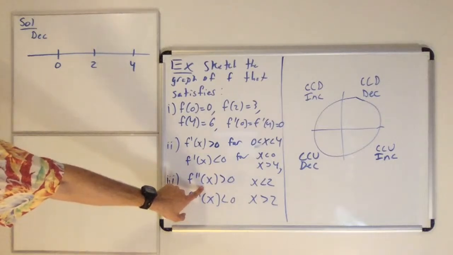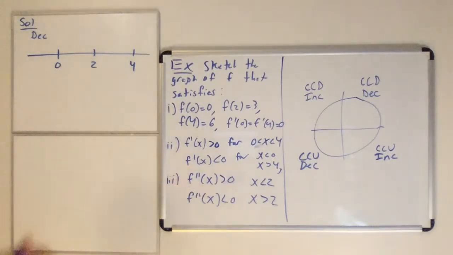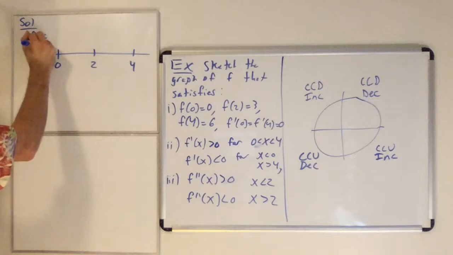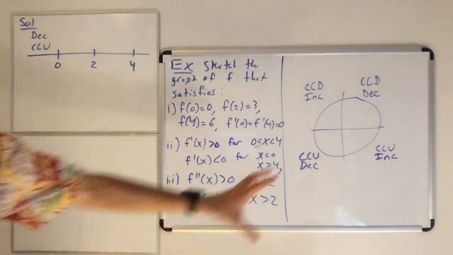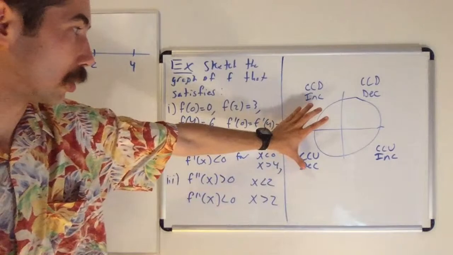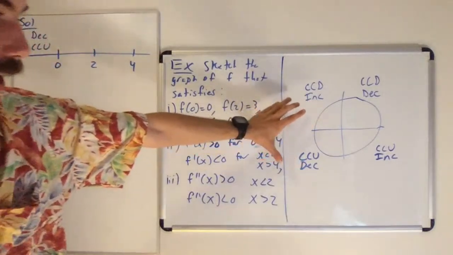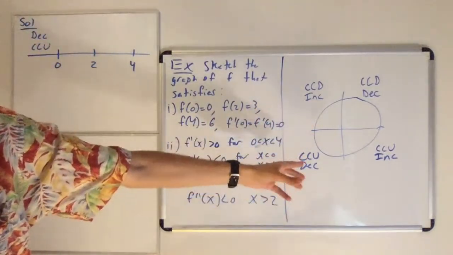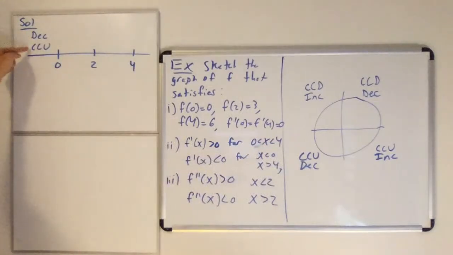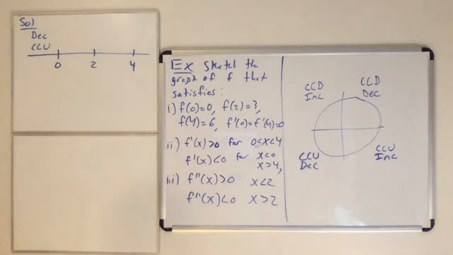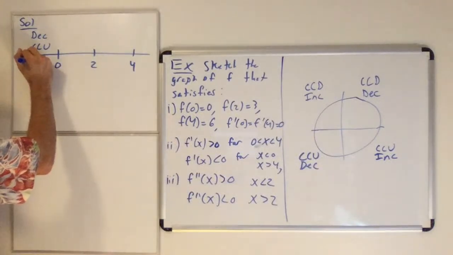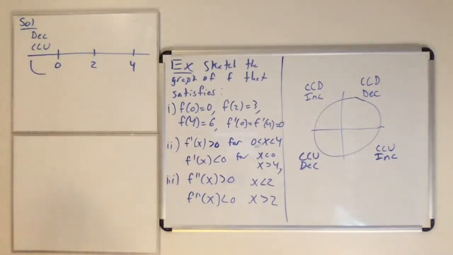So our second derivative is positive, which means we're concave up. Then we could look over here at our circle, the circle of truth, and ask, what does our curve look like when we're decreasing and concave up? It looks like this segment here. So the first part of our curve will look like this.